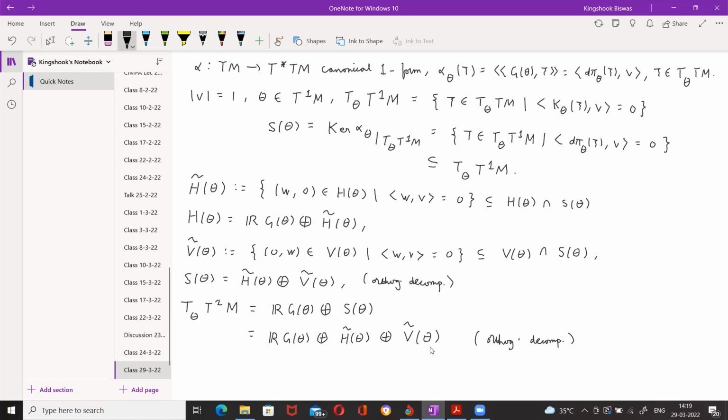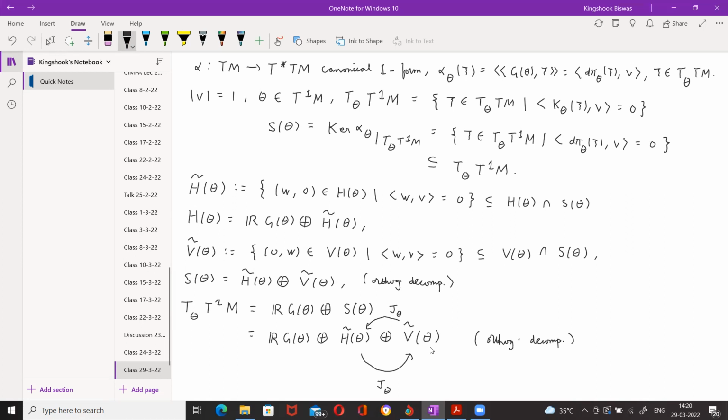Okay, and maybe I should just note that if I look at the almost complex structure on the tangent bundle, then J theta will interchange these two, right?